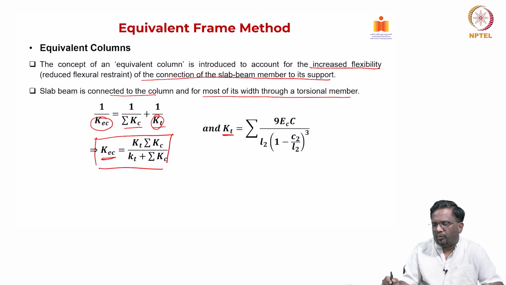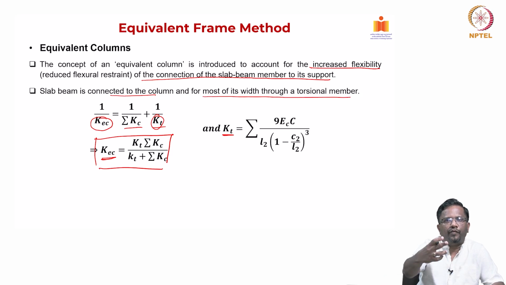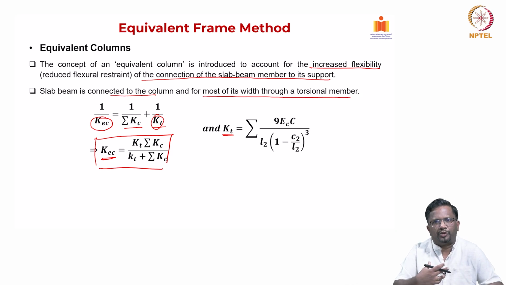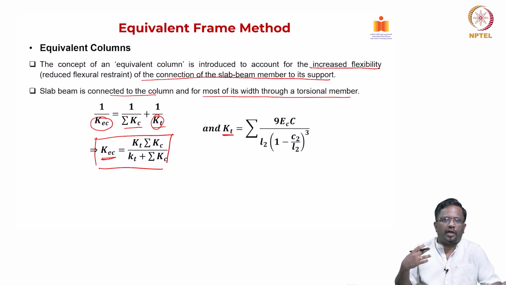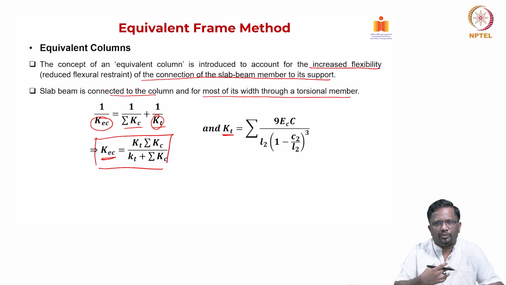It depends again on the width of the column relative to L2, the span perpendicular to the design strip, or the width of the design strip. So, depending upon how much it is supported, the torsion stiffness will change.